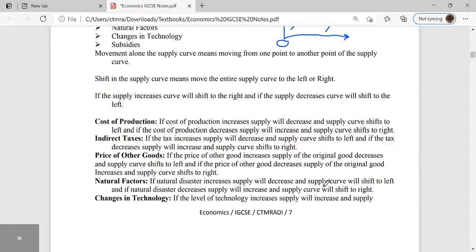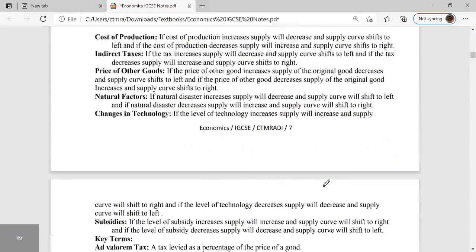And next we have the price of other goods. Think that producers have other options. Suppose you are producing potato, and you have the option of producing carrot. When there is a rise in the price of potato, what will happen?